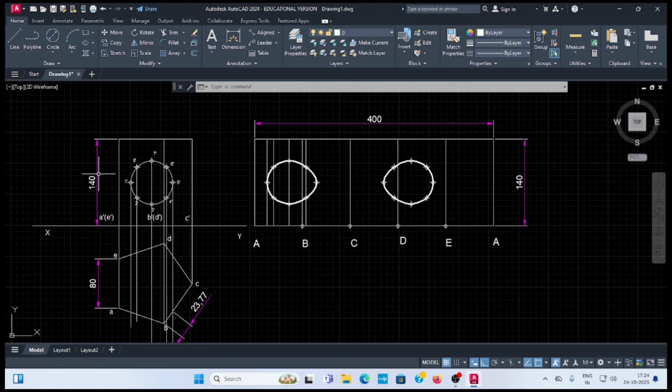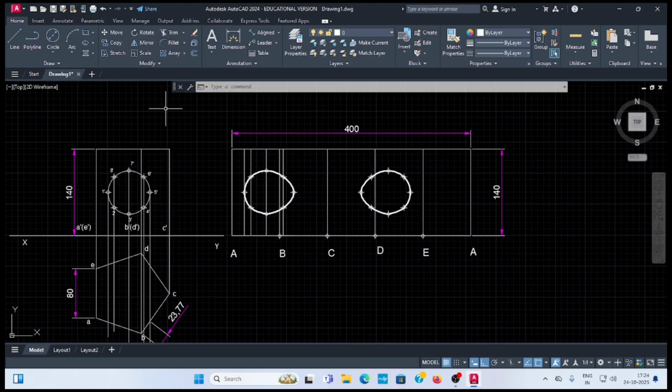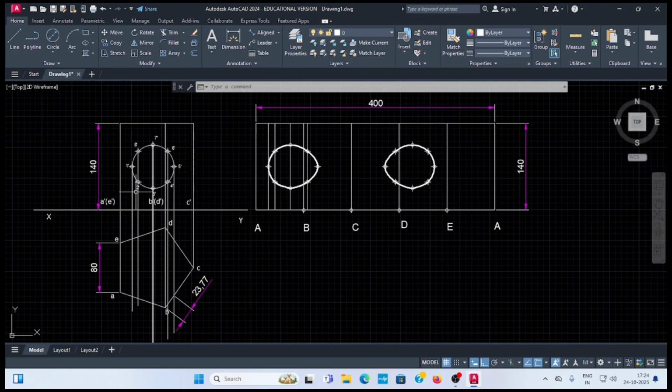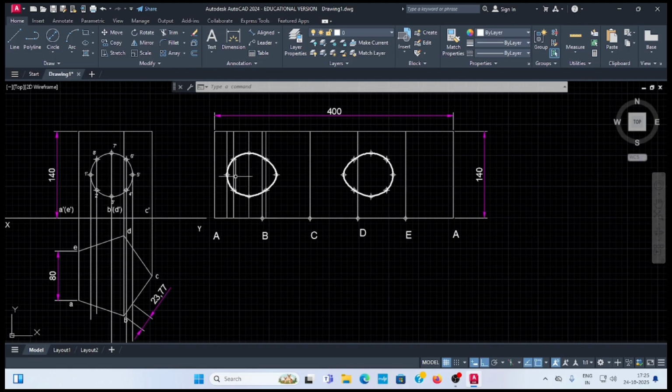Here also you give annotation and dimensioning properly. Okay. This pentagonal prism, after you develop it, this circular hole looks like this on both sides. This is the front side, it is the other side. Okay.